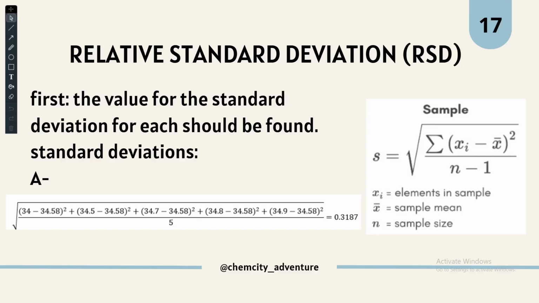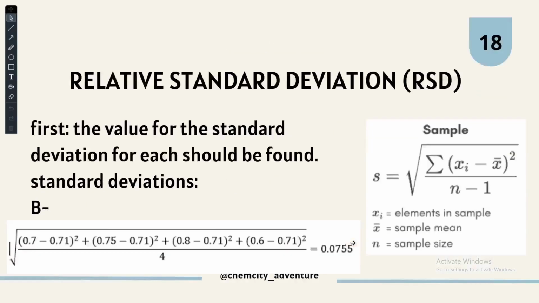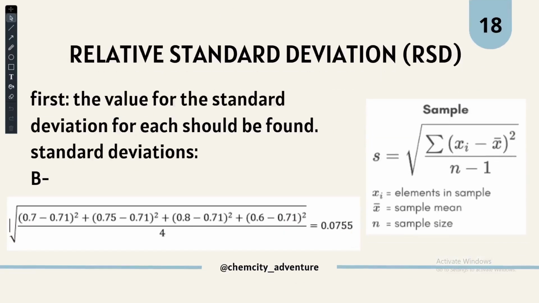Something here: actually, we shouldn't just divide by 5, but by 5 minus 1. I forgot to do it, so please care about it, and try not to make the same mistake that I made.